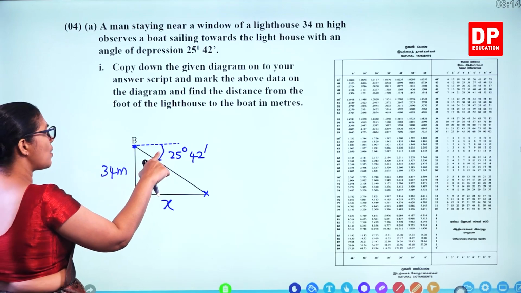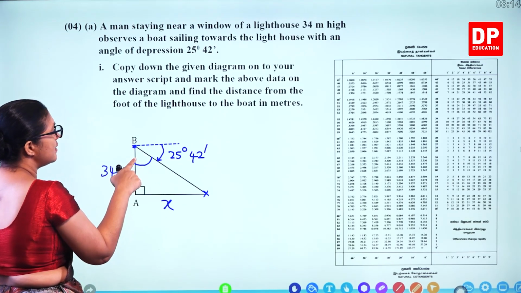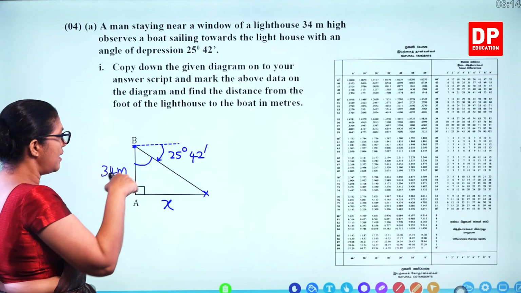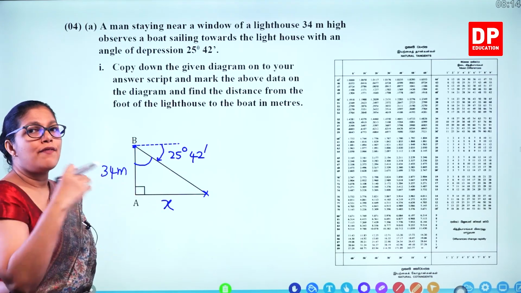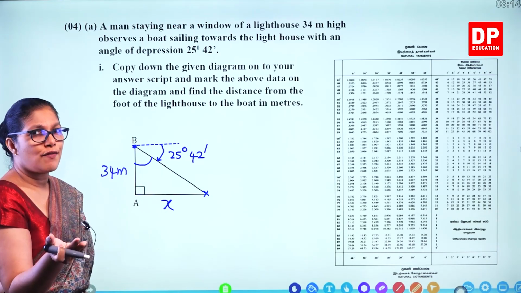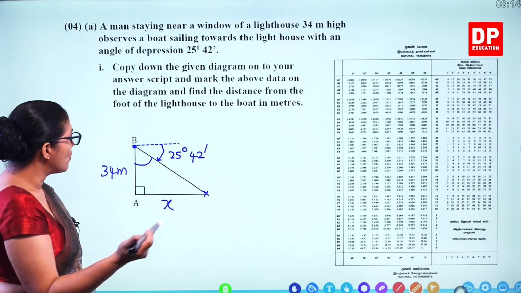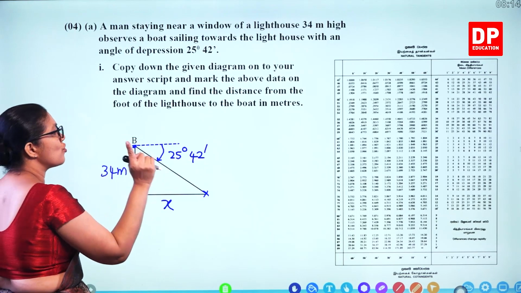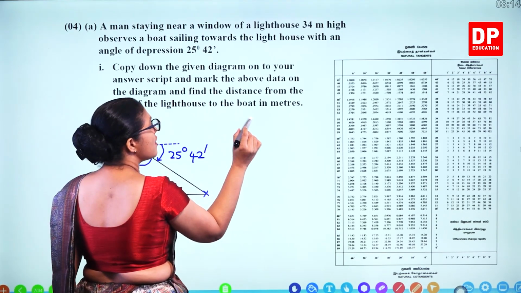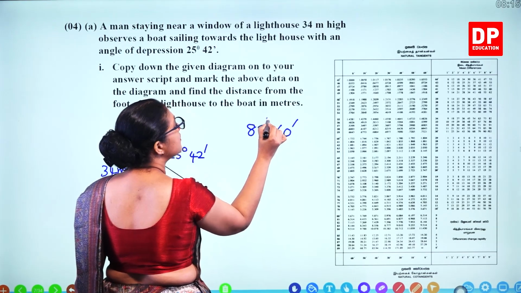Now if this is 25, so what is this angle? 90 minus that. We need to calculate that angle because X is the unknown. If X is in the numerator, it's easy for you. Otherwise, you have to divide, you have to use logarithmic tables also. So we'll find out this angle. So there are minutes also. So it's better to take, instead of 90, 89, 60 minutes.